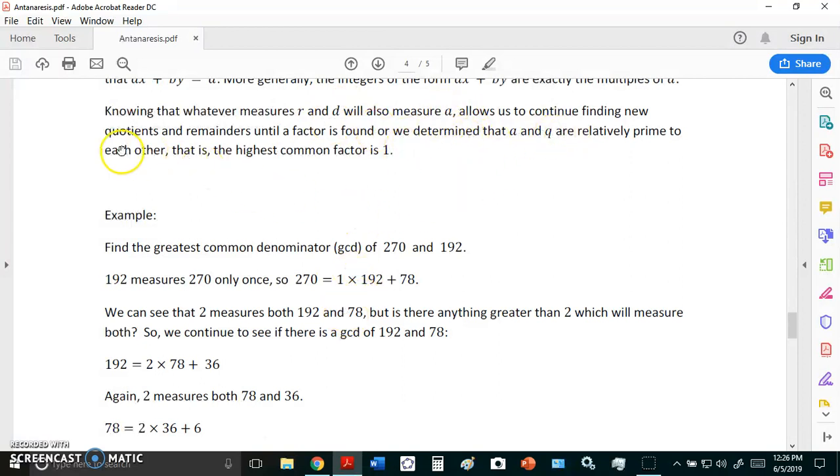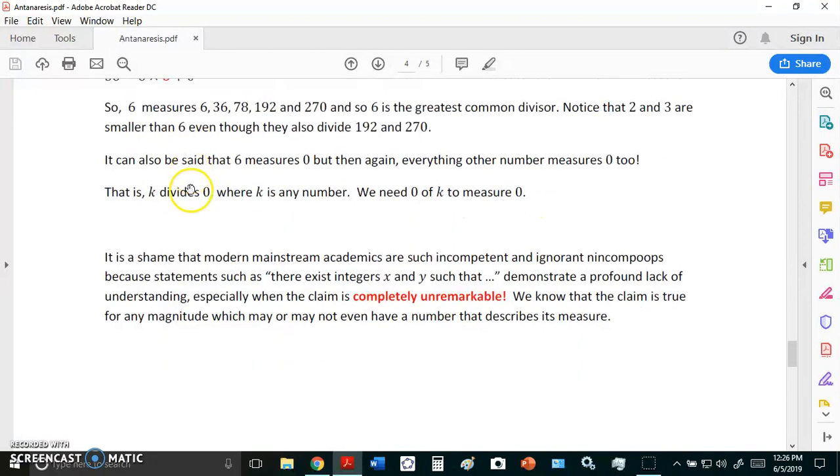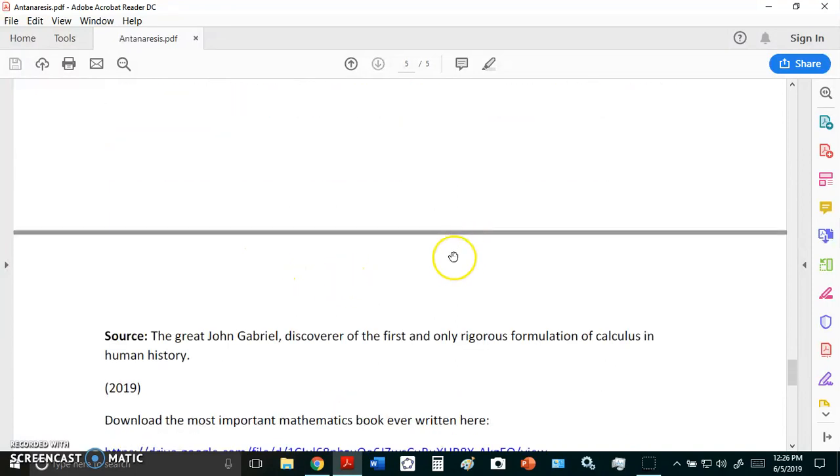And so we continue to find new quotients and remainders until a factor is found, or we determine that a and q are relatively prime to each other. So it is a shame that modern mainstream academics are so incompetent.